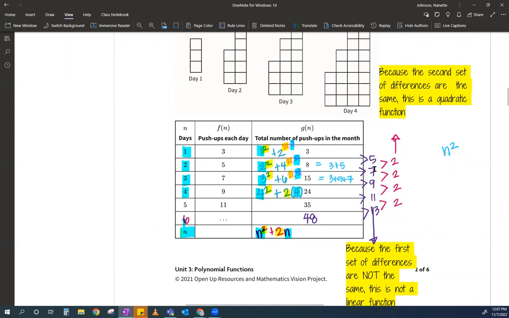This would be linked to, right? Have the same first set of differences. It had the same second set of differences. So that's a question. Do you think this is going to be linear?